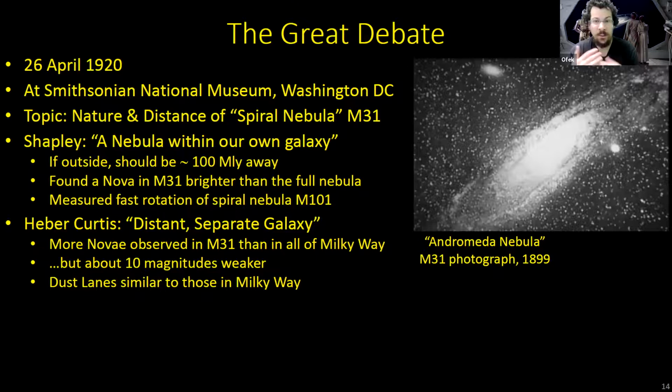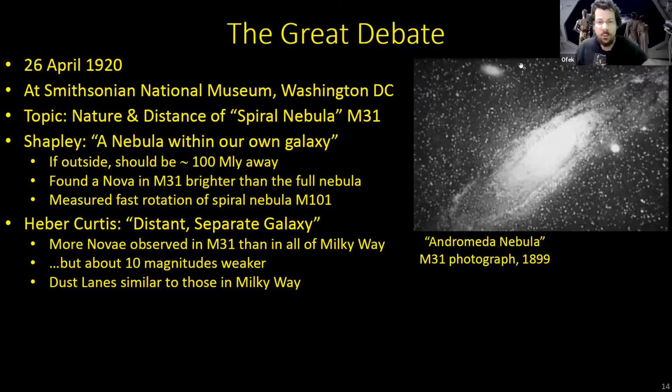And they asked what it was, the nature of this nebula, and how far away it was. Those two questions are related, of course. If it's a nebula that's emitting a lot of light, maybe from a lot of star formation, maybe something else, maybe it's farther away and bright, maybe it's closer, and then it's not so difficult to understand all this light coming out of it.